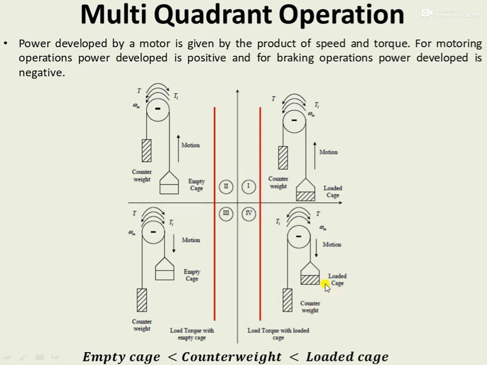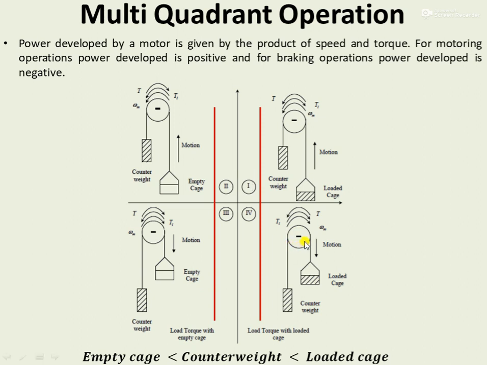So if left free, this loaded cage will have almost a free fall operation, and the counterweight will be moving in the upward direction, and the loaded cage will be moving in the downward direction at a dangerously high speed. In order to limit this, the motor will produce the torque in the anti-clockwise direction. So the torque produced by the motor is producing a braking effect here.